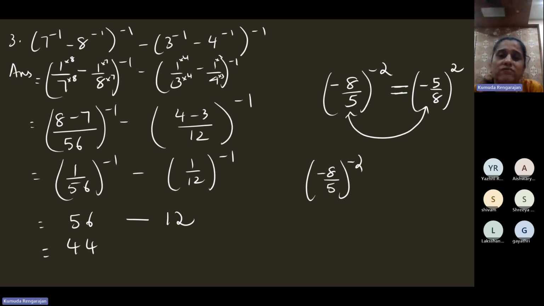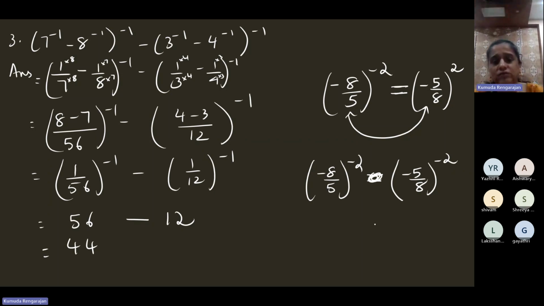If you perform only one of these two actions, then you're writing the reciprocal of the given expression. So here again, minus 8 by 5 to the power minus 2. Supposing you write the reciprocal of the base, which is minus 5 by 8, and you write the power as it is. Now, these two are not equal. They are reciprocals of one another.